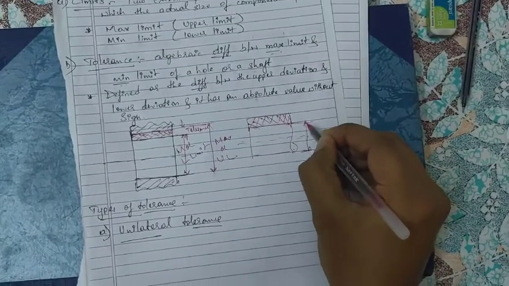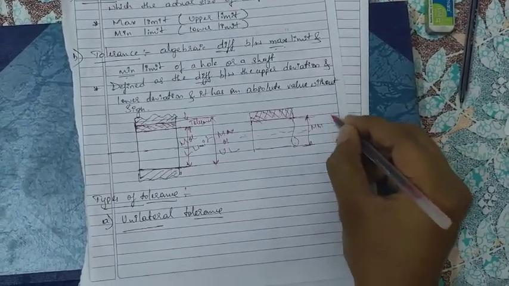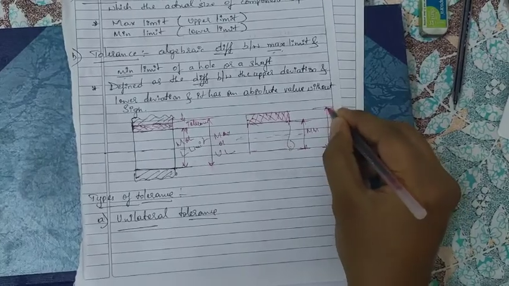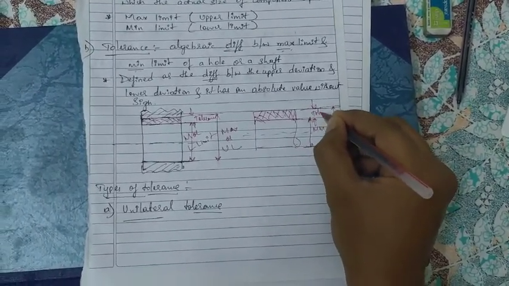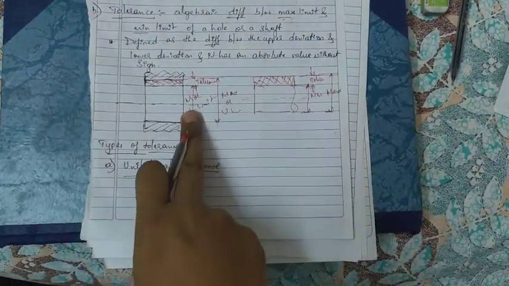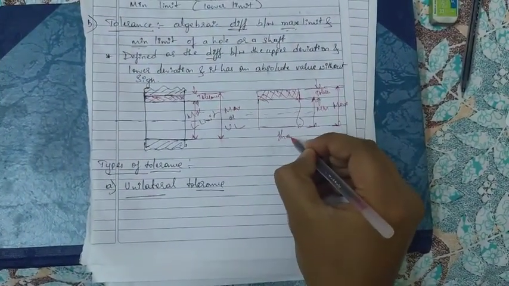From here to the first line is the minimum. From here to here we call the maximum limit. The difference between these two we call the tolerance.